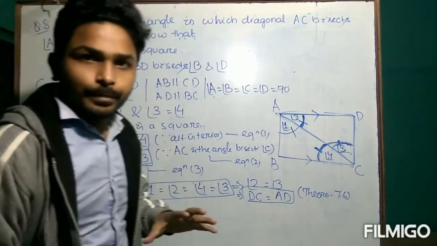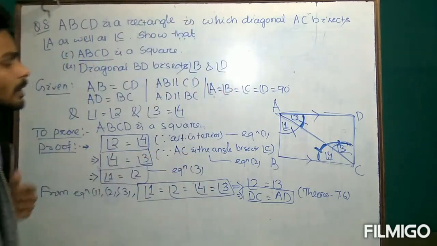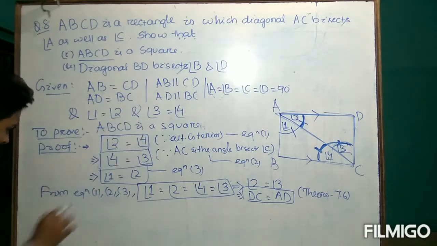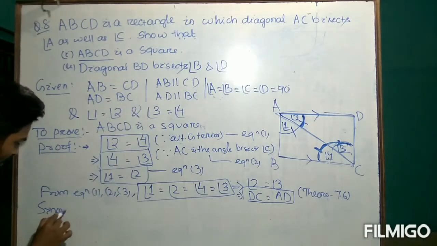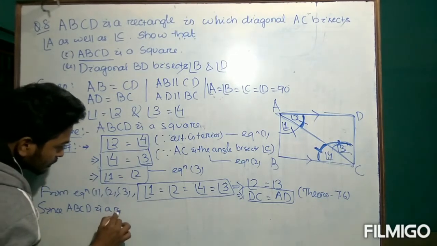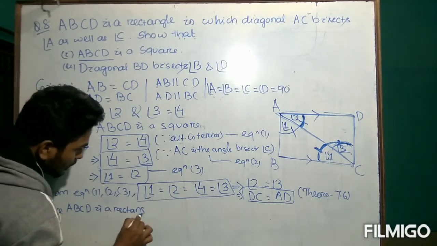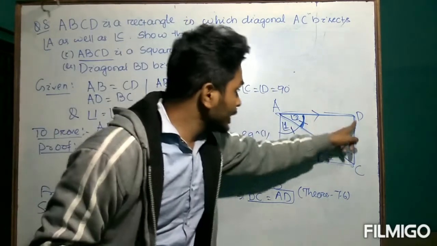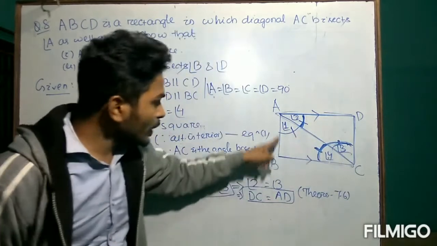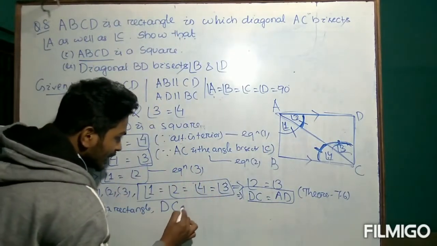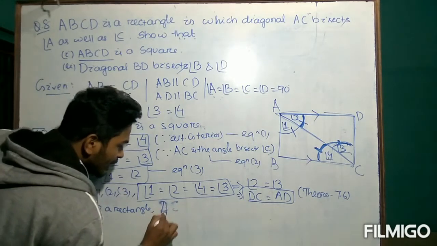Is it clear? Okay. So now let's understand another thing. Since ABCD is a rectangle, we know that DC is equal to AB. I can write AB is equal to DC.